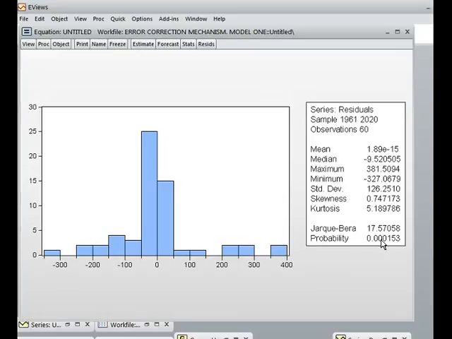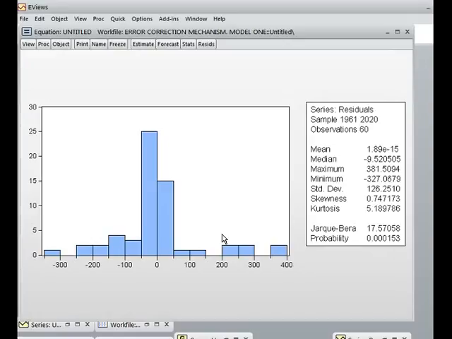But here in our error correction model, the residual is not normally distributed. So here we have two problems. One problem, the error correction model is suffering from serial correlation, and the second problem is that the residual is not normally distributed, which is not desirable.